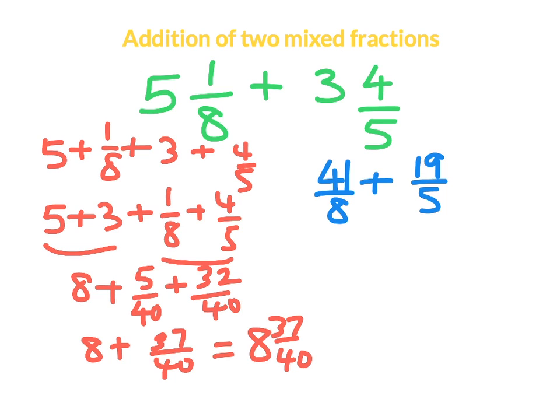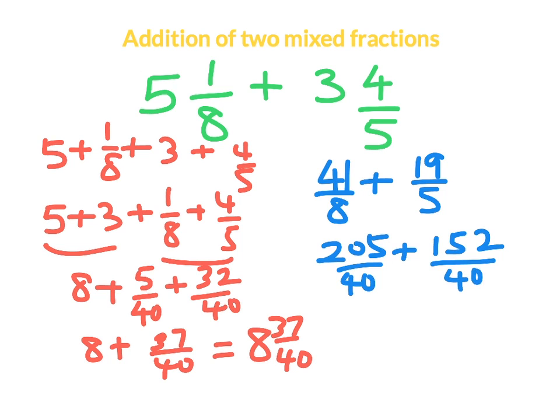So 41 times 5 is going to give us 205 over 40, because 8 times 5 also gives us 40. Plus 19 times 8, which gives us 152, over 5 times 8, which is 40.